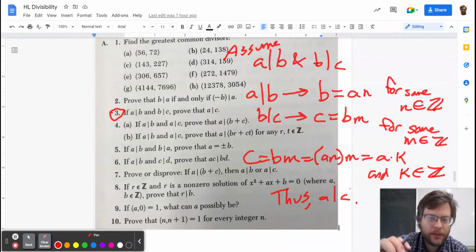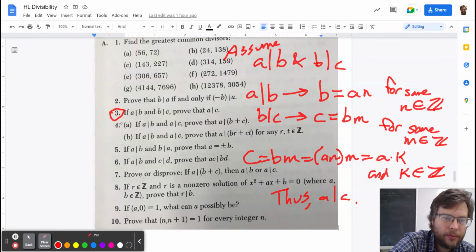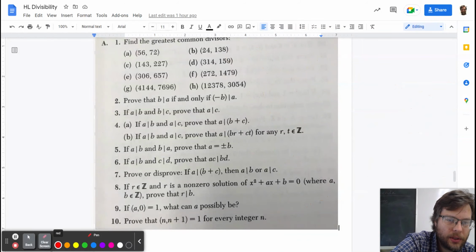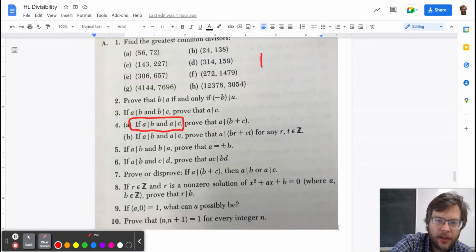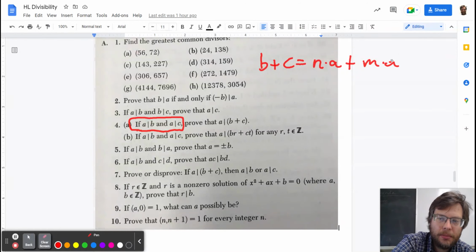So I'm going to do number 4 and then number 7. So let's look at number 4. Again, I'm just going to assume this. I'm not going to rewrite it on the screen, but I'm going to assume this. And we want to prove that A divides B plus C. So I'm going to start with B plus C. I'm going to write that as NA plus MA because A divides B and A divides C. So I hope you can see from how the example I just did lets me do that.